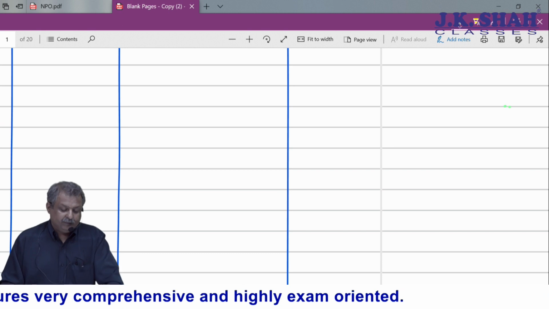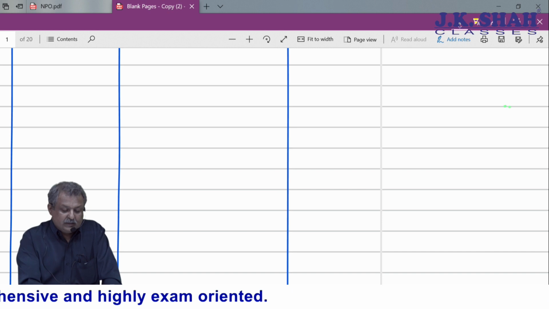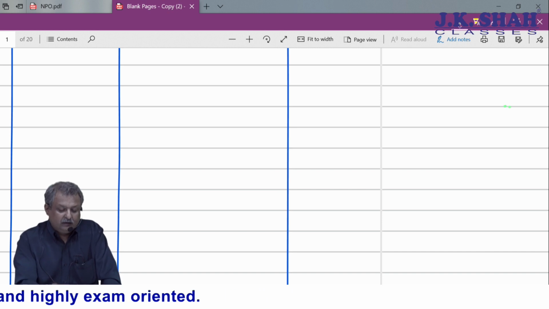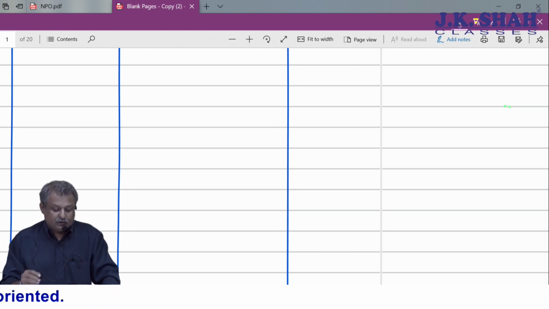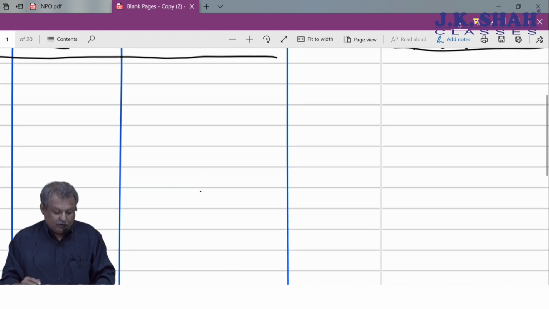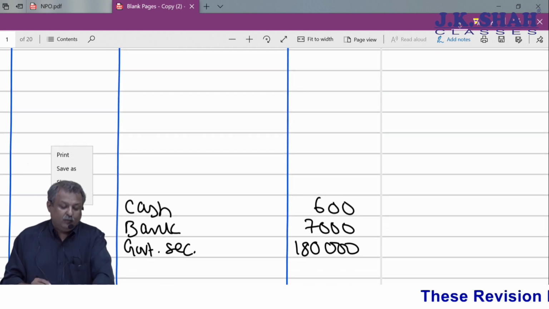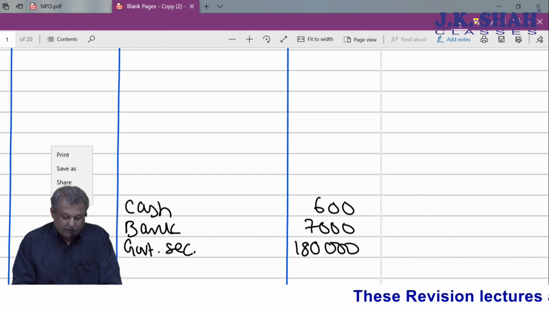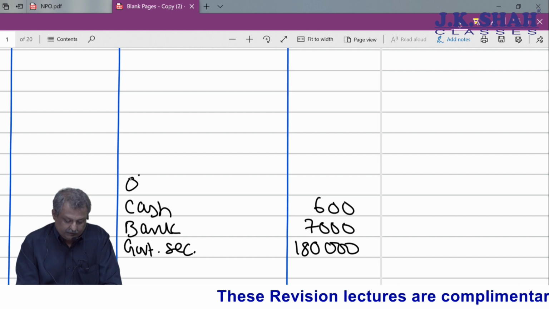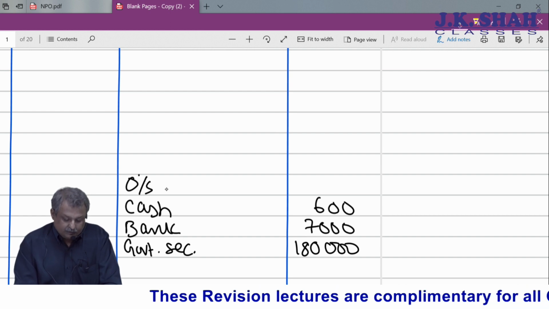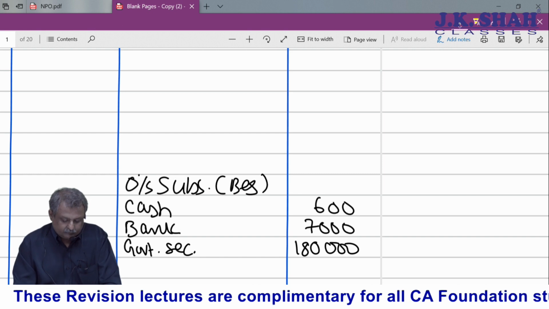First, receipt side, 30,000 is tick mark, but receipts less for 910, 10,000. Now it is for 910, it means it is outstanding at the beginning. So tell me now, outstanding at the beginning, what is the second effect we give? One effect is given here. So second effect, opening asset, outstanding subscription beginning.